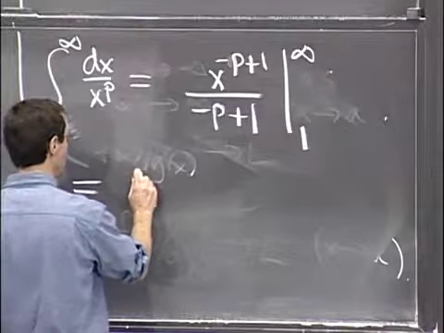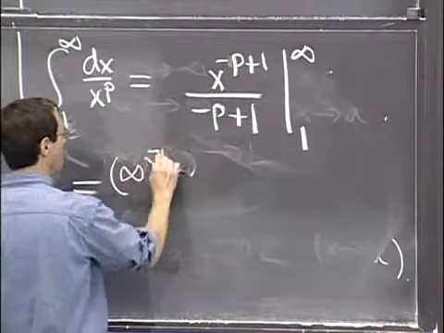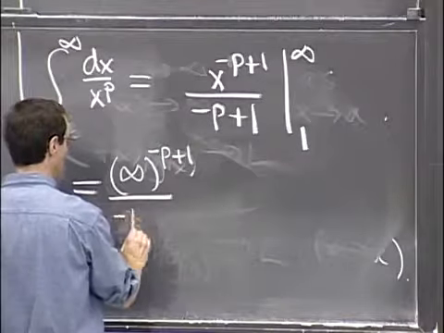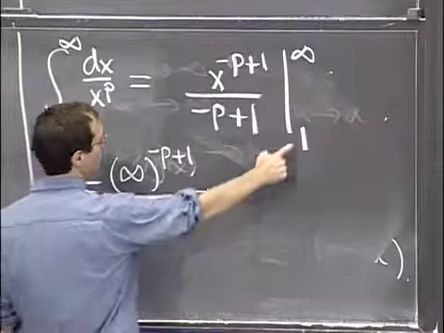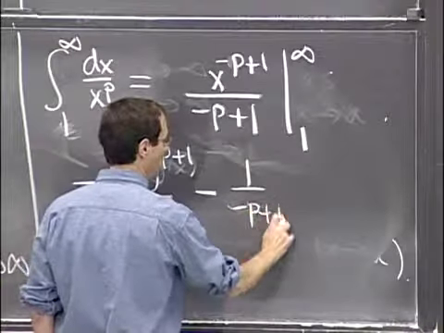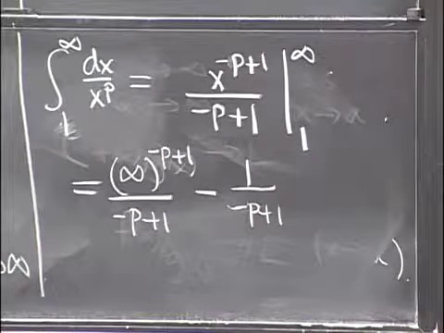It's infinity to the minus p plus 1 over minus p plus 1, minus, so I plug in 1 here, so I get 1 over minus p plus 1. All right, so this is what I'm getting.